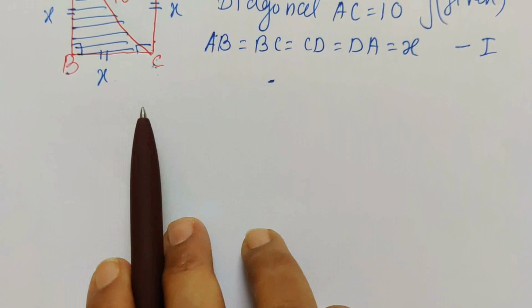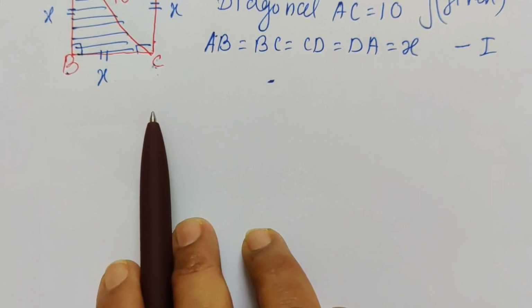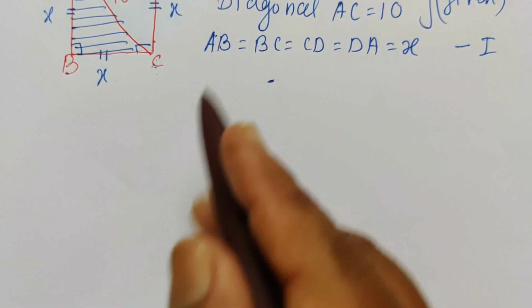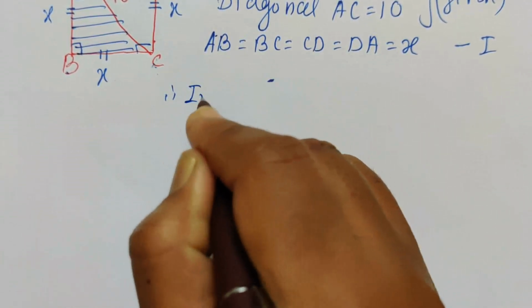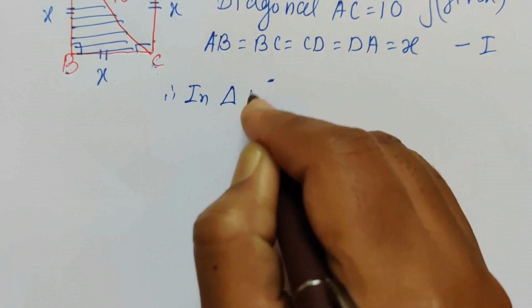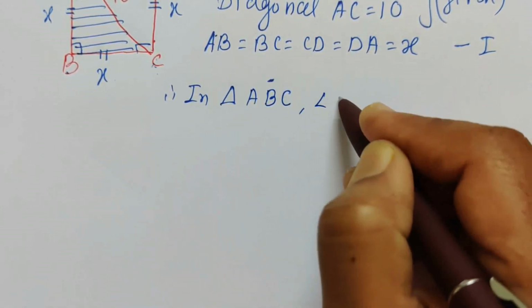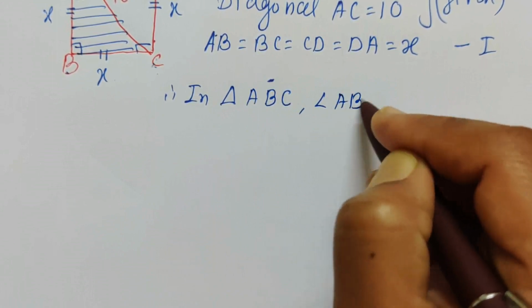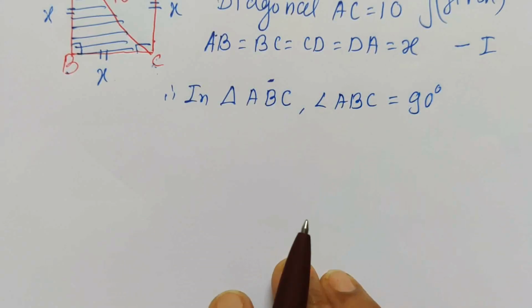Now due to this diagonal, the square is divided into two triangles. Both the triangles are the same, so we will use only one triangle. So we will take triangle ABC. So in triangle ABC, angle ABC or angle B is of 90 degrees.